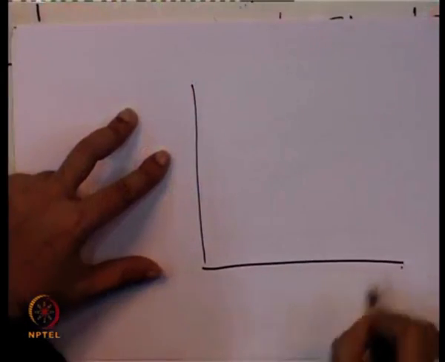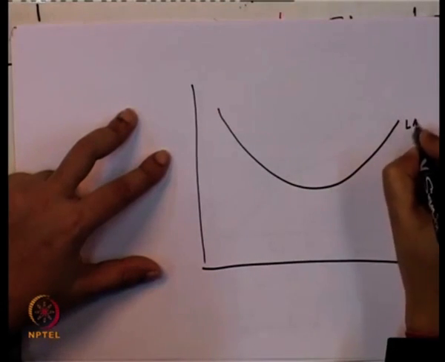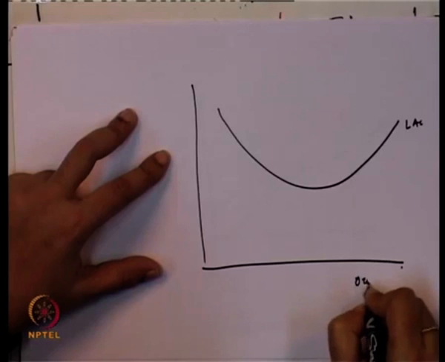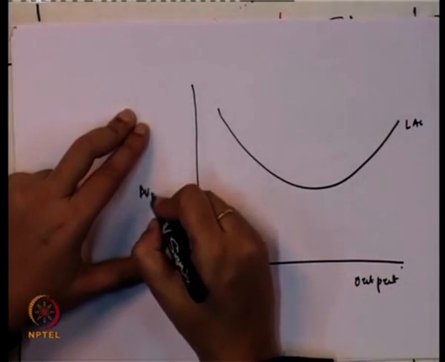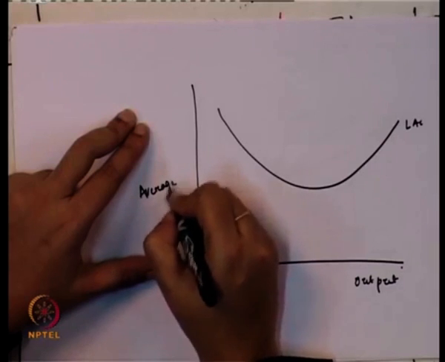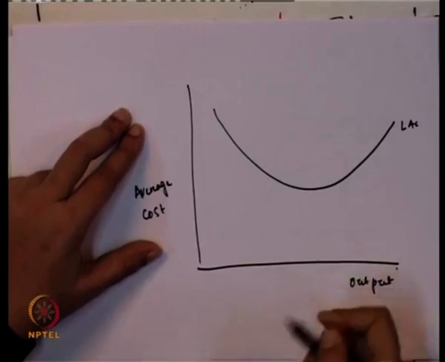Similarly, we can also derive the long run average cost curve taking the series of the short run average cost curves. On the x axis we take output, on the y axis we take the average cost, since we are drawing the long run average cost curve.